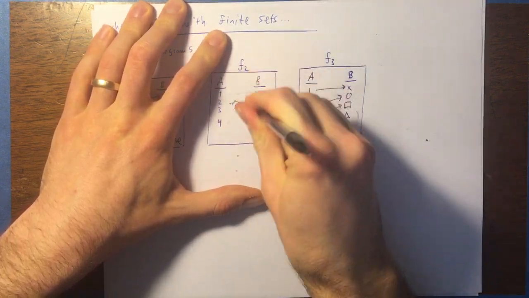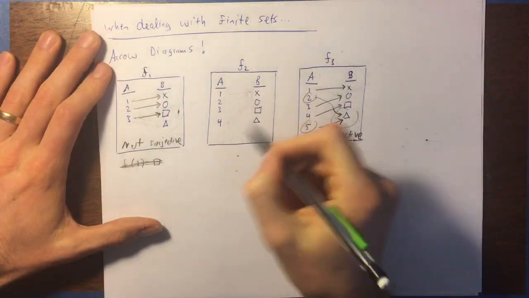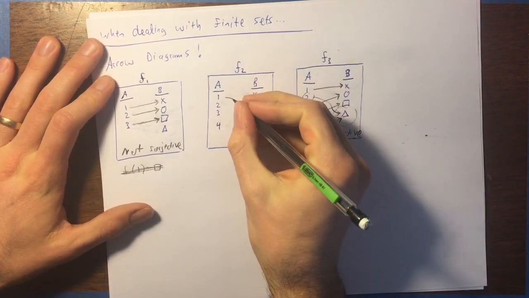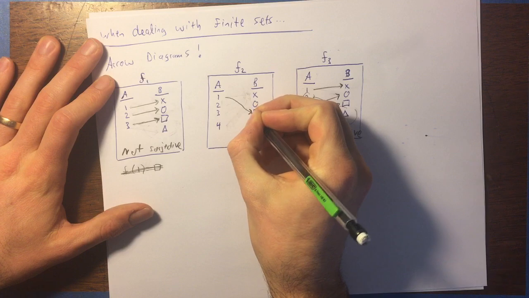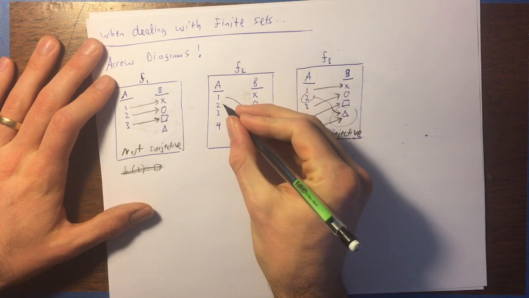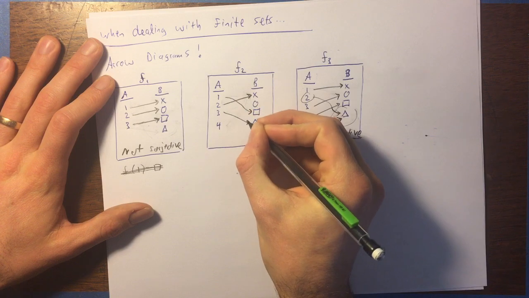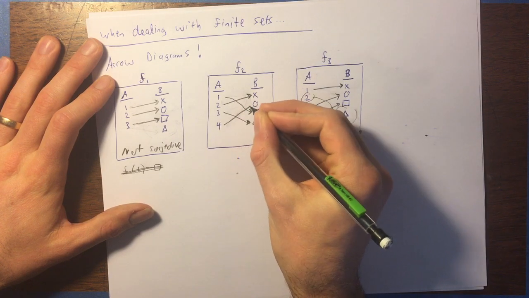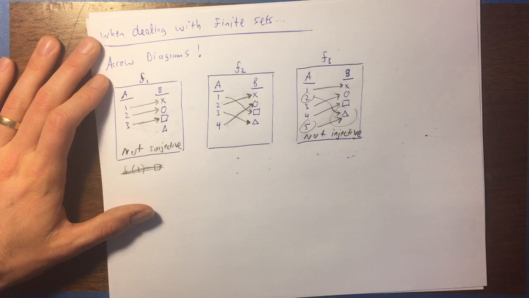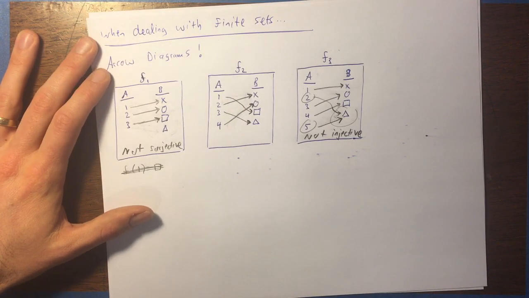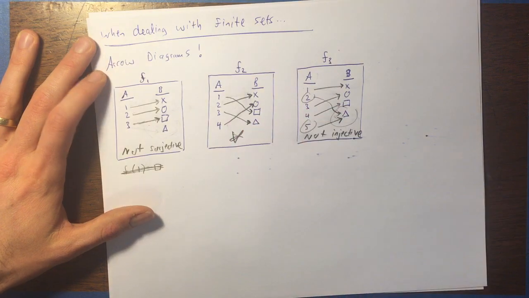But at least if you have the same number of elements in the domain and codomain, it's now possible to map my domain to my codomain in such a way that it ends up being both one-to-one and onto. So it ends up being both injective and surjective. That's possible in this scenario. So there's something special going on here, all right?